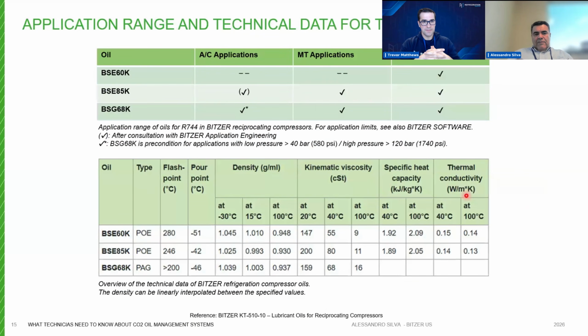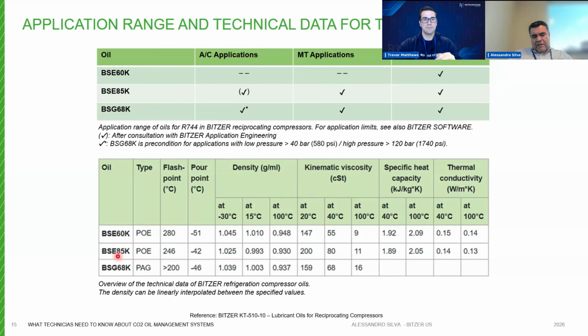The application range and technical data for the oils. As you can see here, we have the application range. For example, I divide by air conditioning applications that can also be used for heat pumps, medium temp applications, and low temp applications. And here we have the overview of the technical data for bitter lubricant oils.